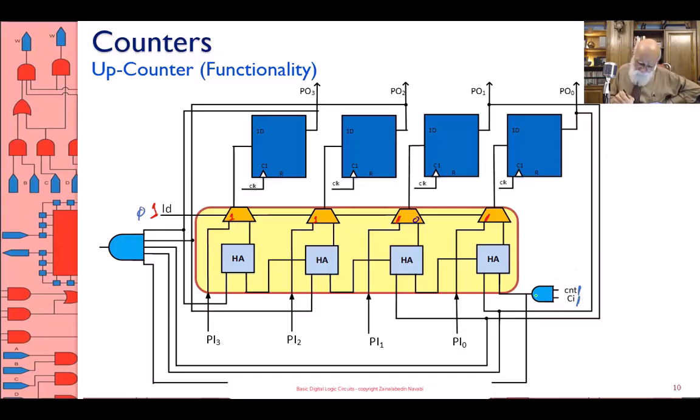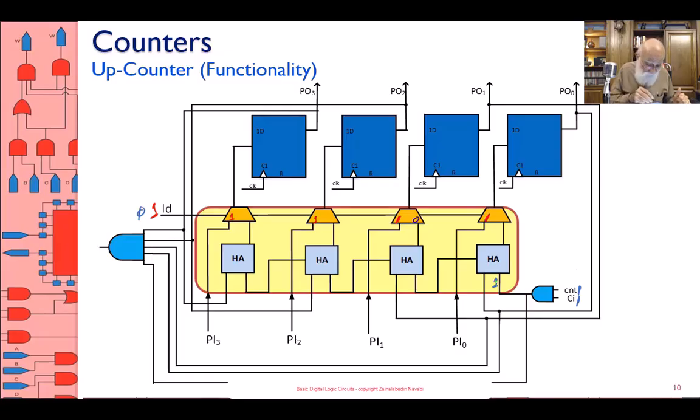See, count and carry in is 1, so I have a 1 on the input of the half adder. Remember the half adder. Half adders take 2 bits, they create a sum, and they create a carry. And then the carry of 1 goes into the input of the other one, and therefore a 1 on the very first one causes everything to count up 1 position, to add a 1 to it.